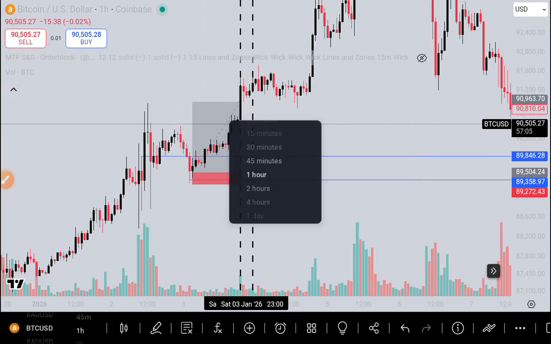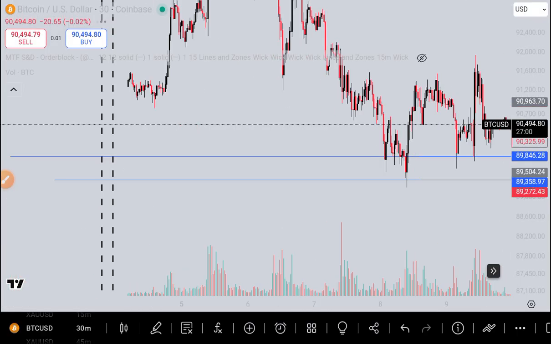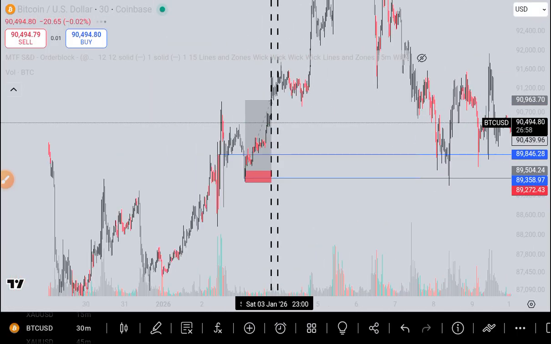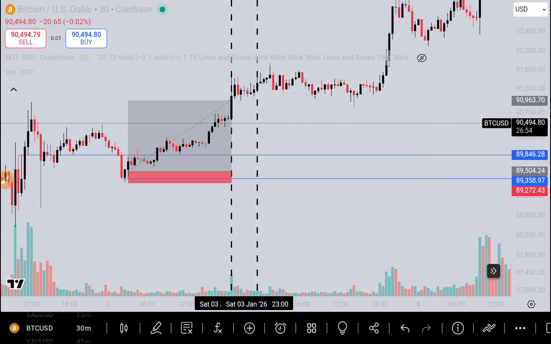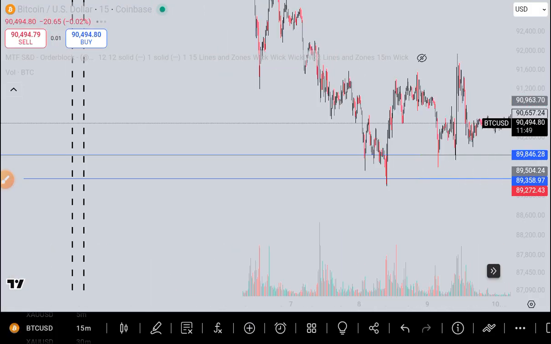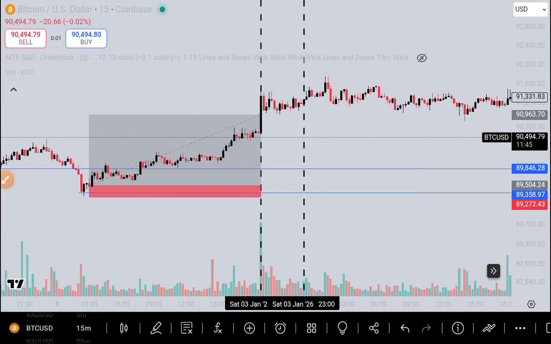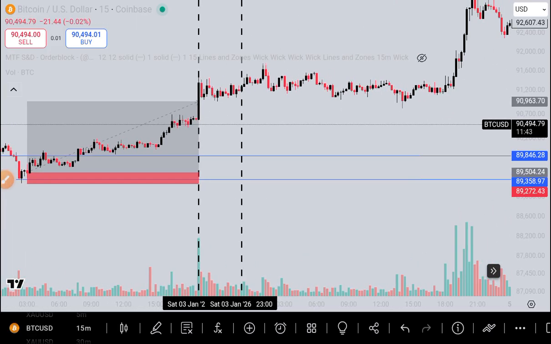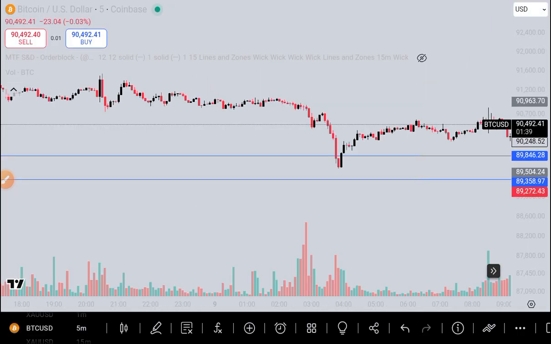Let me check the 30 minutes time frame. There's nothing there. Come down to the 15 minutes. What am I looking for? I'm either looking for an order block or a power candle. 15 minutes, still nothing there. Let's come down to the 5 minutes, and that's where I'm going to stop. Looking for a power candle.